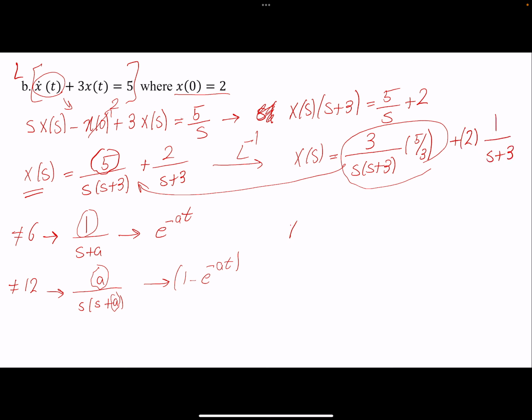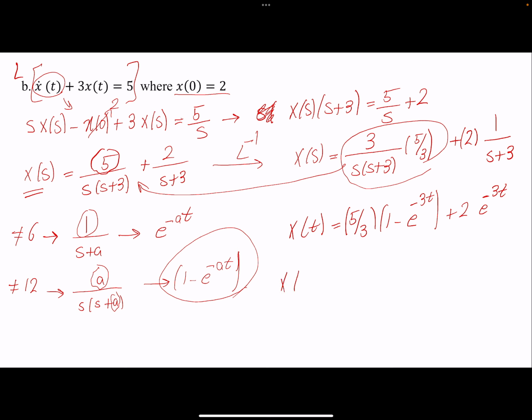Now I go to the rule X(s), x(t). I write this coefficient here. And then according to the rule, I'm talking about 1 minus e to the minus, what is a here for us? That's 3, so 3t. Plus 2, here the rule says e to the minus, again a is 3 for us. If I want to, I can simplify this equation further into x(t).